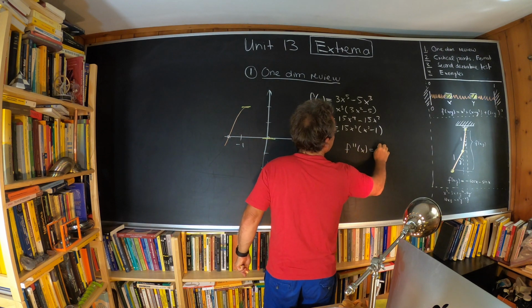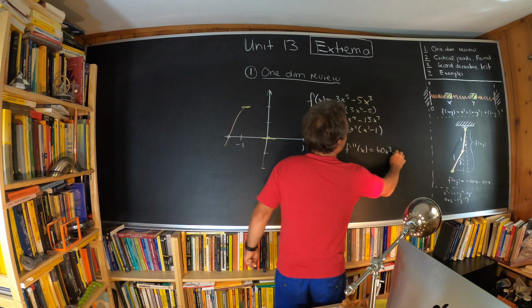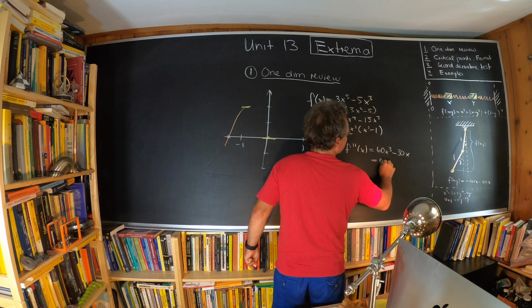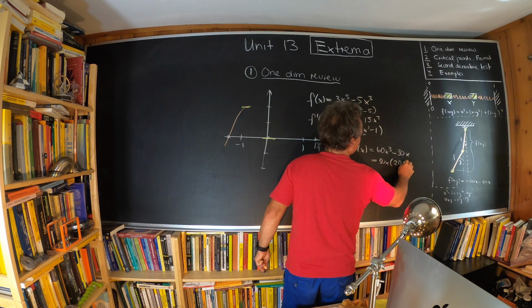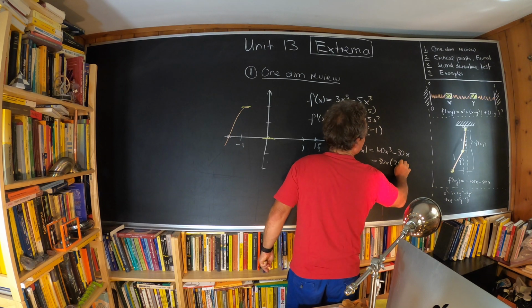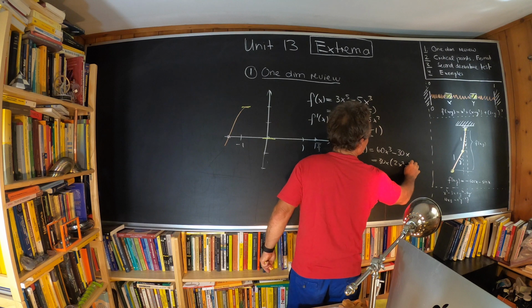So we have 60x cubed minus 30x, that's 30x times (2x squared minus 1).